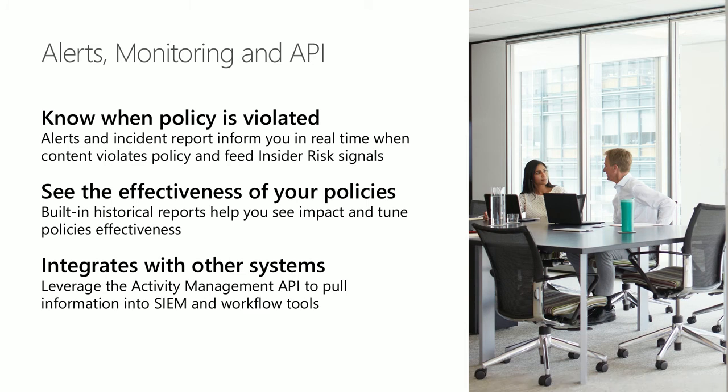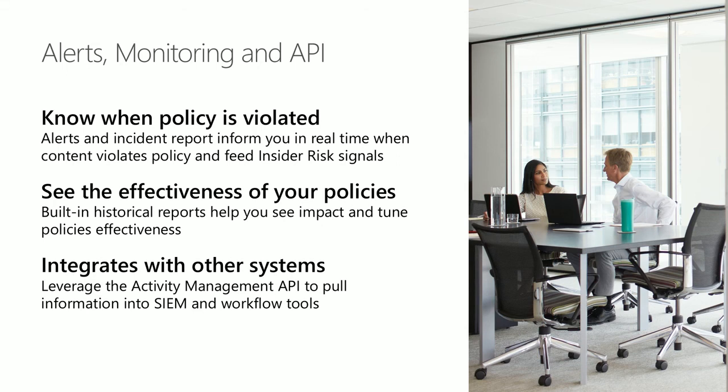Similarly, you can also use these alerts and incident reports to see the efficacy of your policies. If there are multiple false positives being reported for a couple of your policies, this is where you get a sense that maybe the configuration that you currently have doesn't align to your existing business processes, and it's time to go ahead and fine-tune these policies.